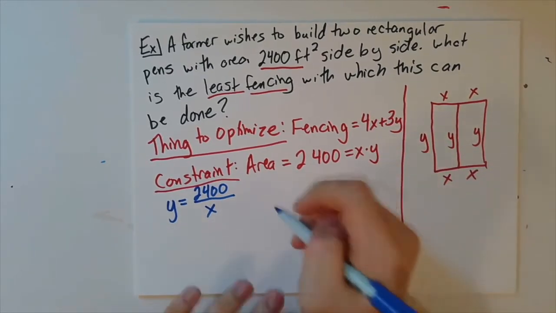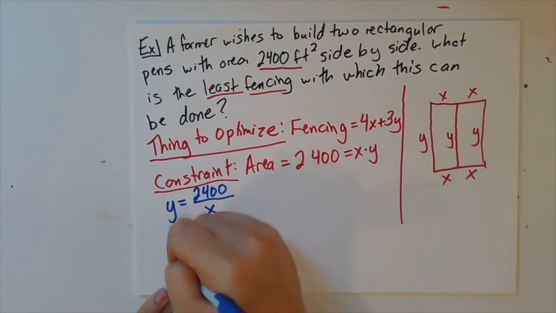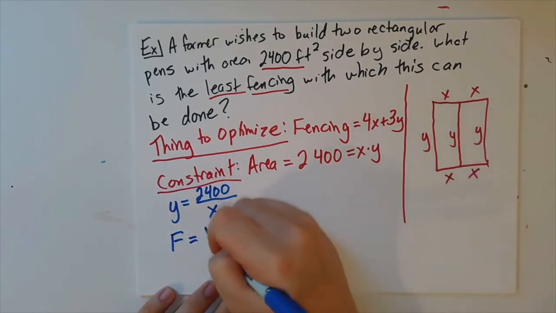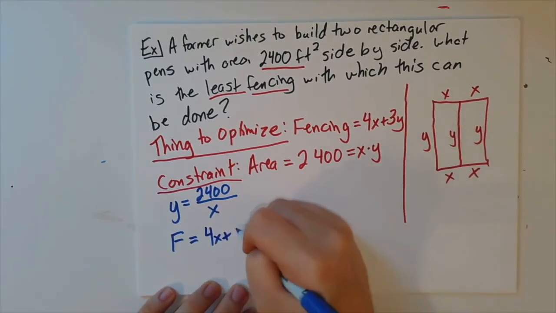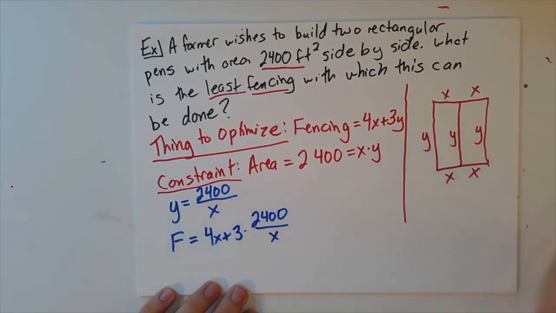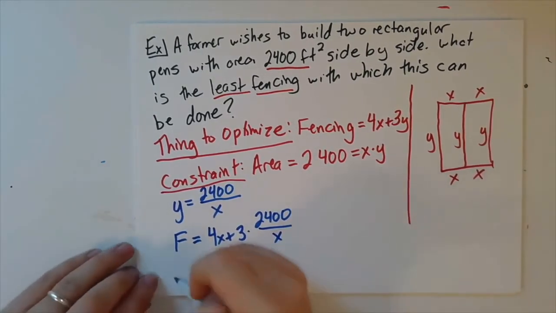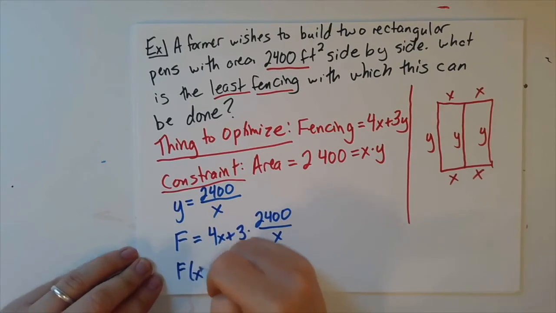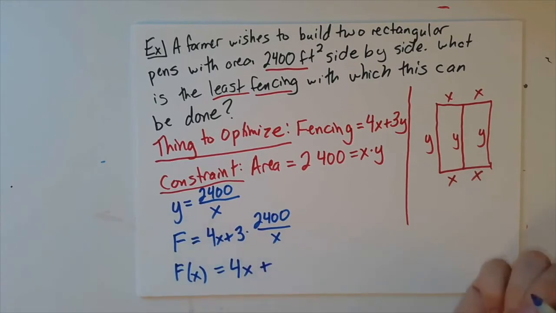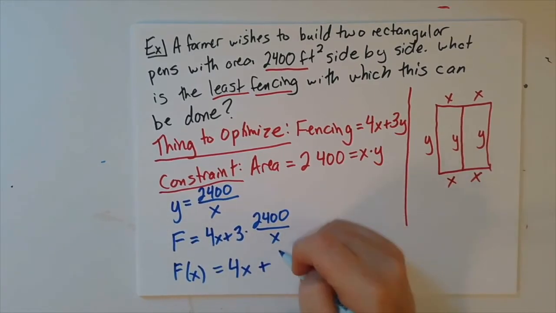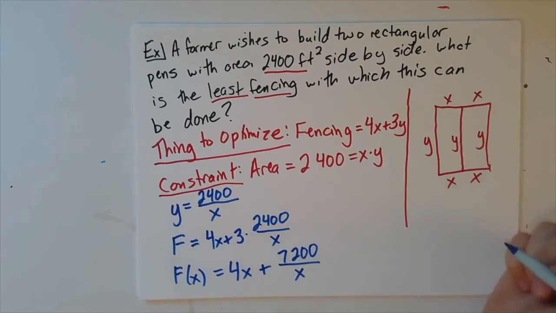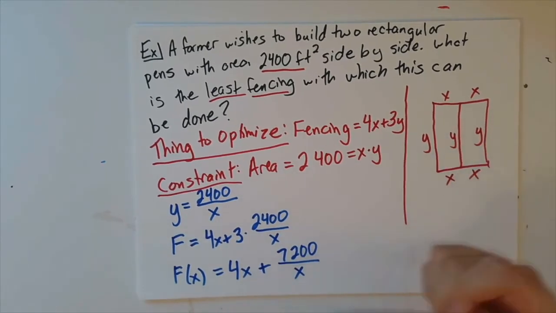So I'm going to get fencing, which I'm going to call f, is equal to 4x plus 3 times 2400 over x. Which if I write that a little bit more cleanly, this is 4x plus 7200 over x.